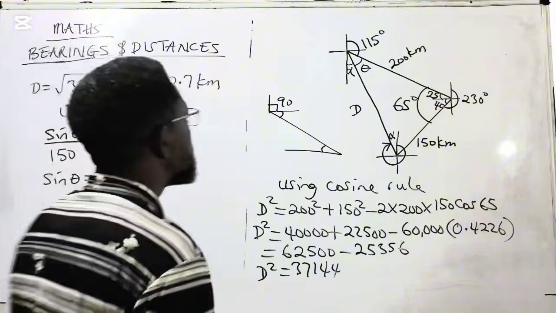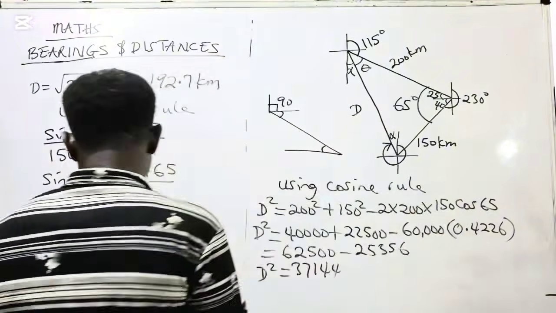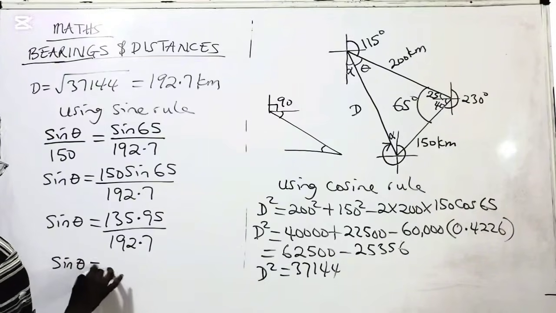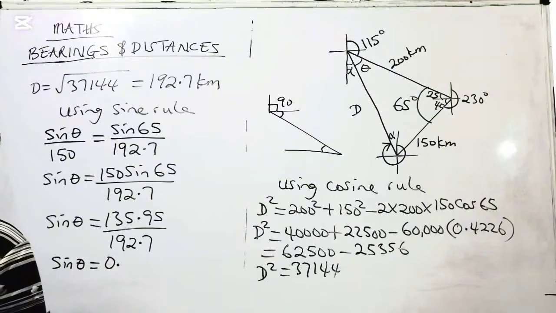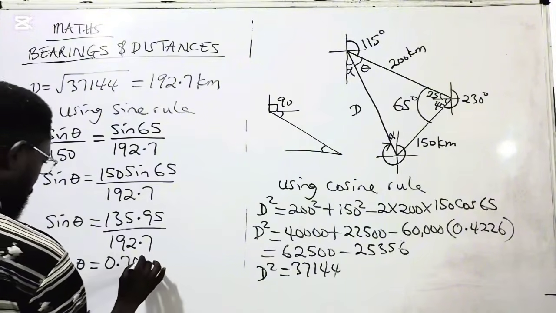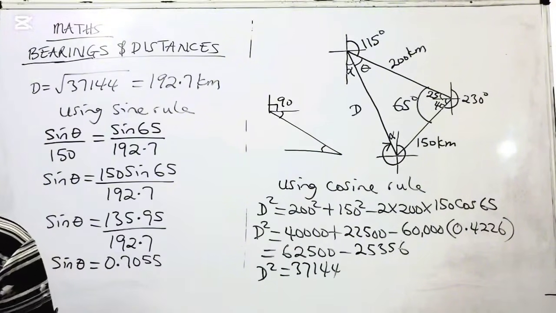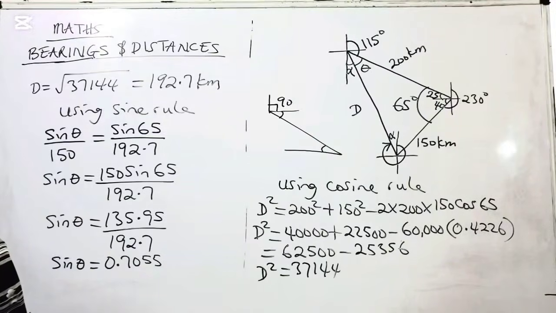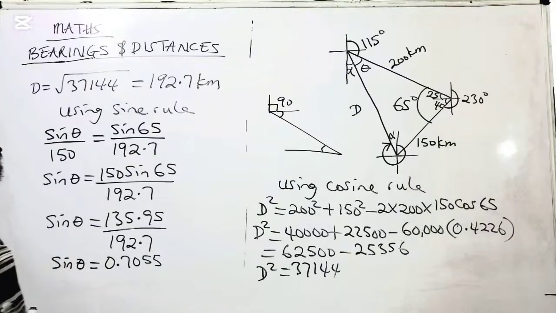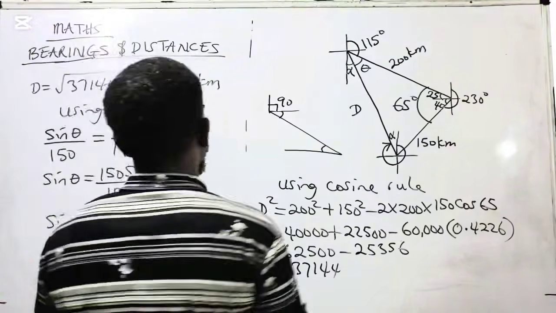When we divide, we get sine theta equal to 0.7055.